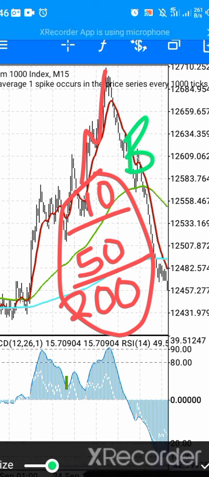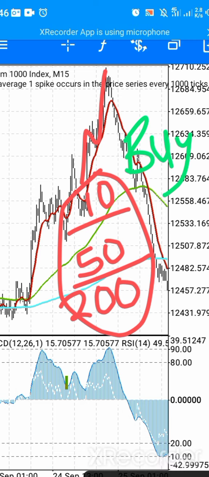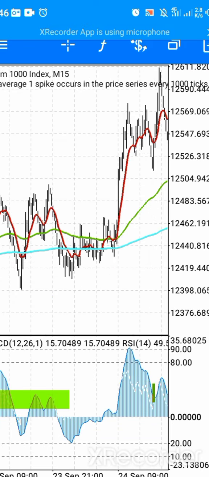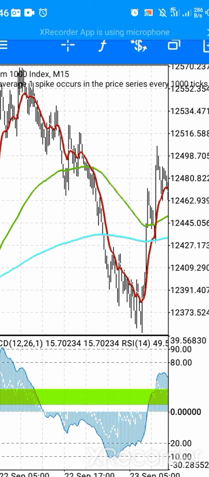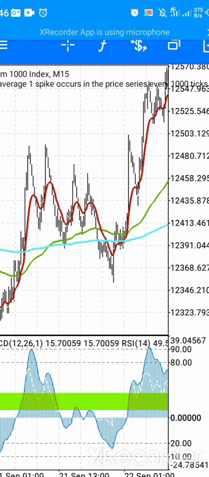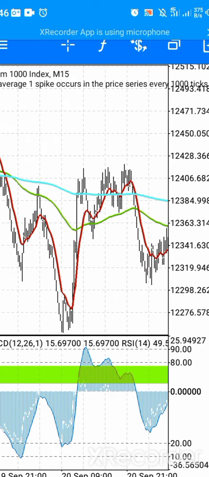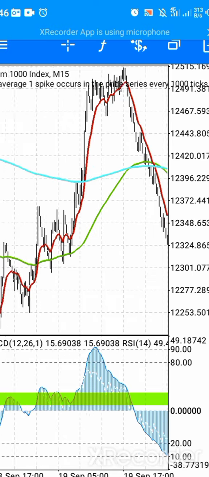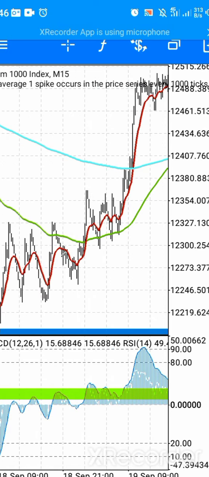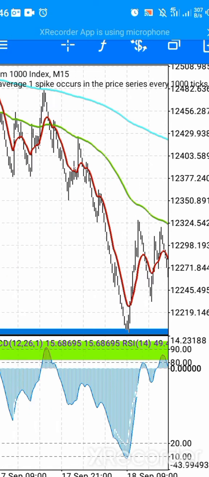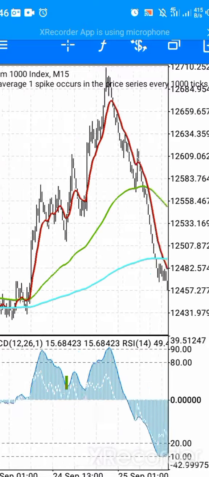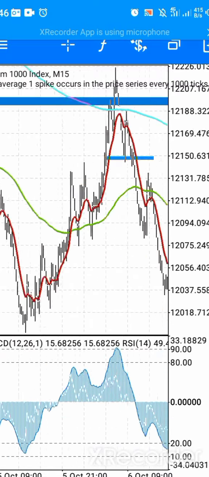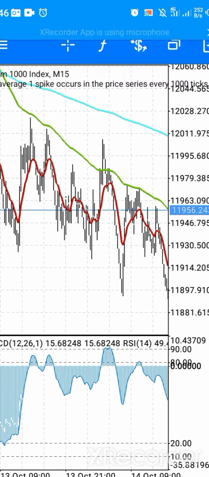So now, why do I like to use the moving average? Even though it is true that moving averages are lagging indicators, they provide a lot of information in the market, and I'm going to show you that using the most recent data on Boom 1000 index.